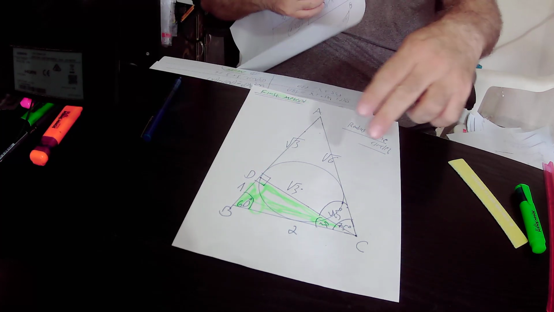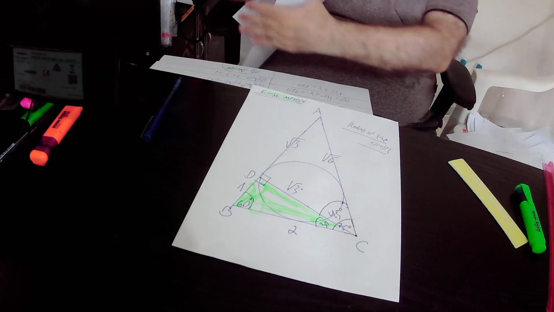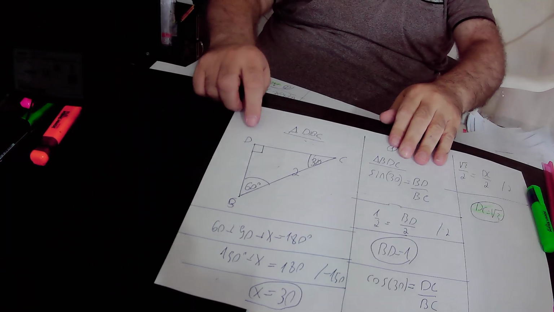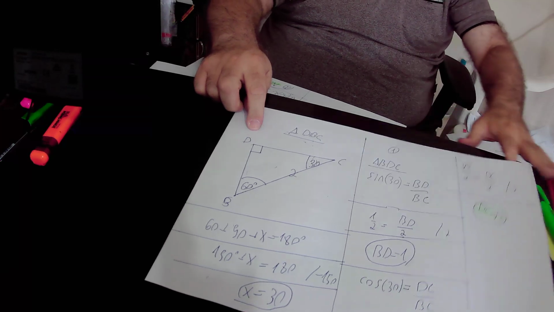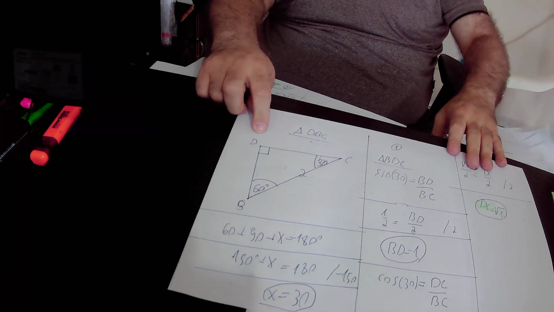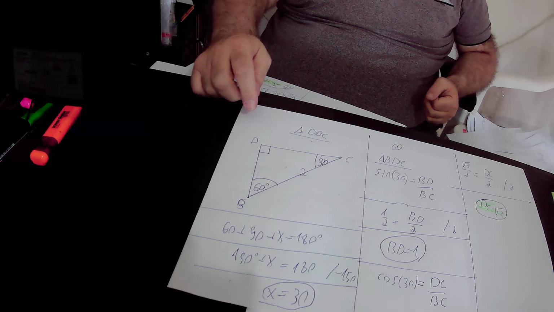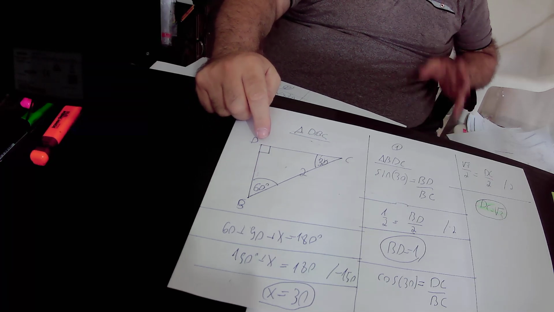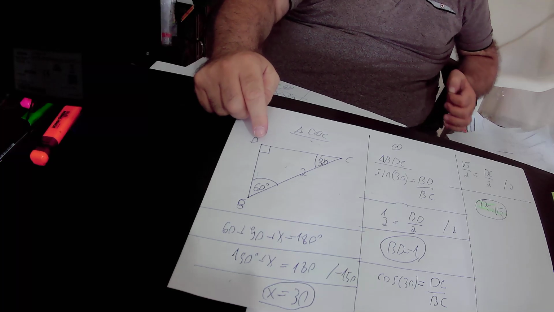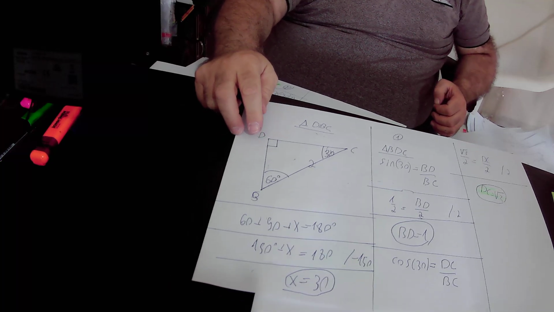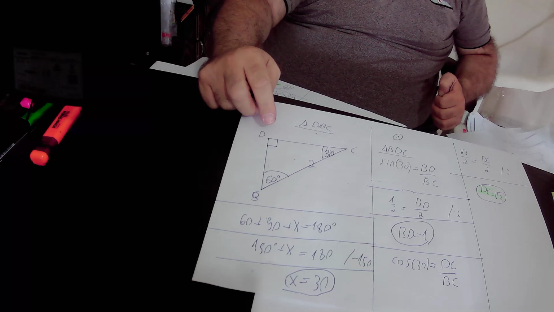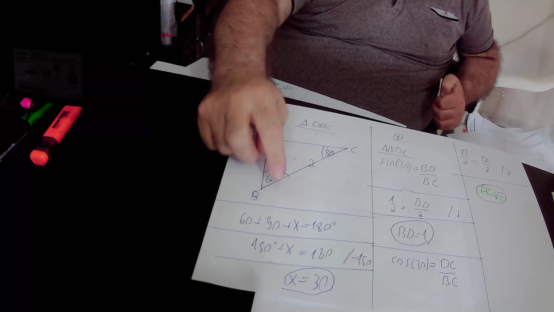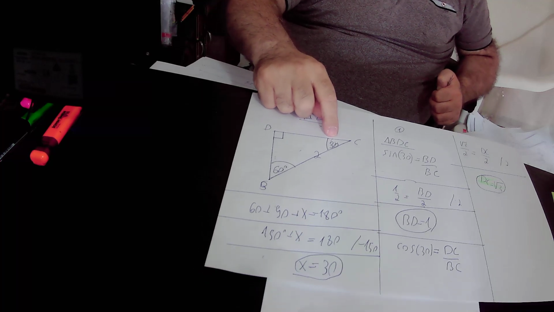I copied the green triangle BDC onto a new page, and we analyze triangle BDC. This is the right triangle BDC that I copied from the original drawing. This angle equals 60 degrees, this angle equals 90 degrees, and we know that the sum of the angles in any triangle is 180 degrees. So the sum of the angles in triangle BDC is 60 degrees plus 90 degrees plus this missing angle.